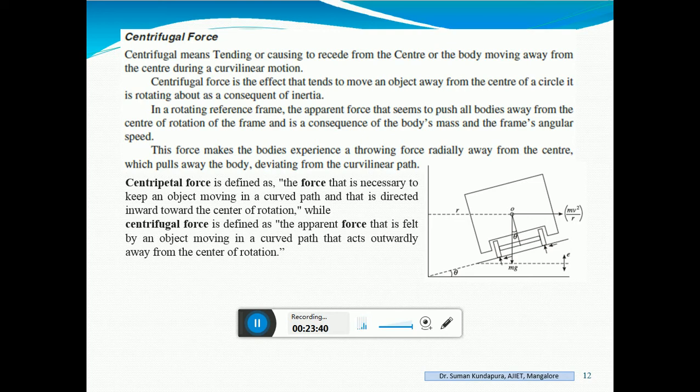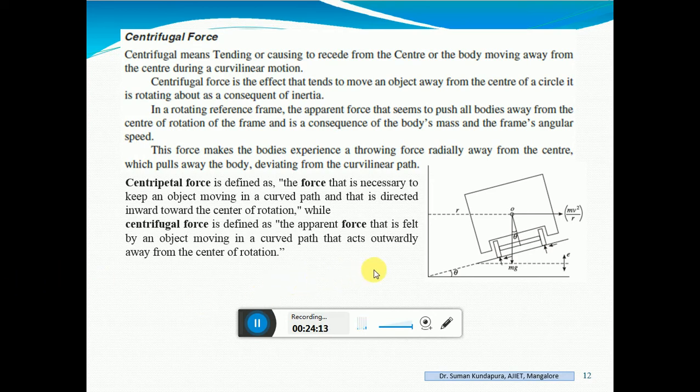If the object has to remain in position along the curved path, then there is a force necessary to keep the object moving in the curved path. That inward force towards the center of rotation is called the centripetal force. This is the basic difference between the centripetal force and the centrifugal force. I think in the slide there is, please get back and look into it.